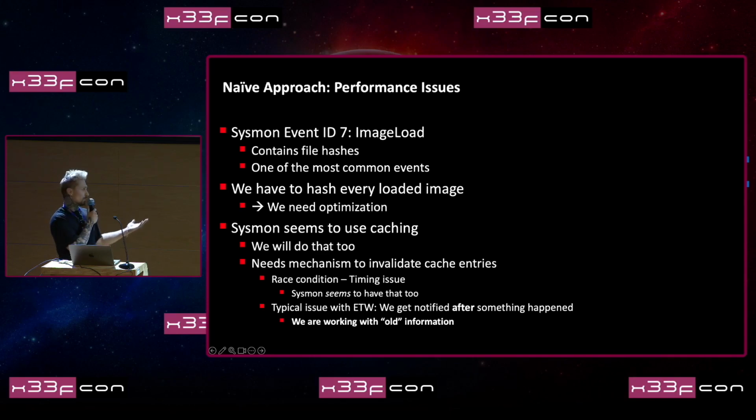And yet this seems to affect Sysmon as well. Basically, we saw that in our own tests. And that's a typical issue with ETW because you're basically standing on the side and watching things happening, and you don't have any hooks, for example, so you're basically dealing with old information all the time.